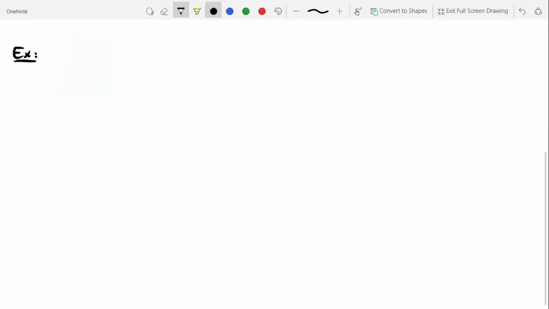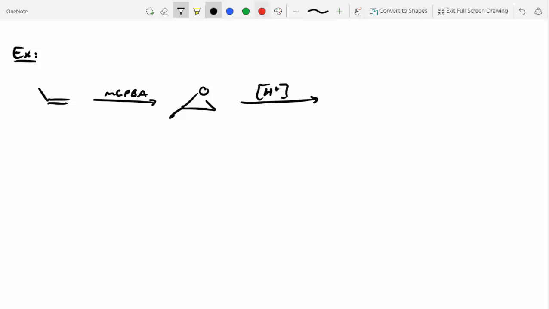So in this example, we're going to use a different starting alkene, and I'm going to make this into an epoxide with MCPBA. And this time we're going to again add acid, so we'll protonate this epoxide.